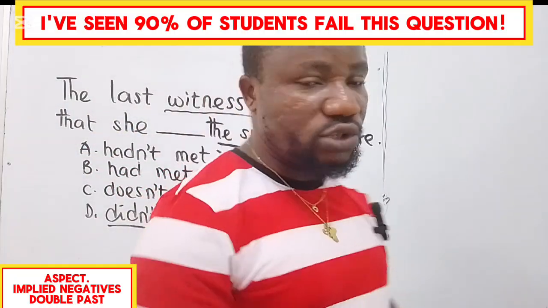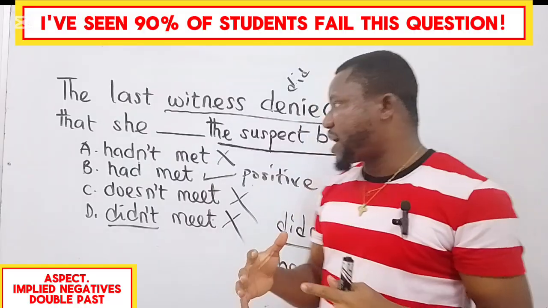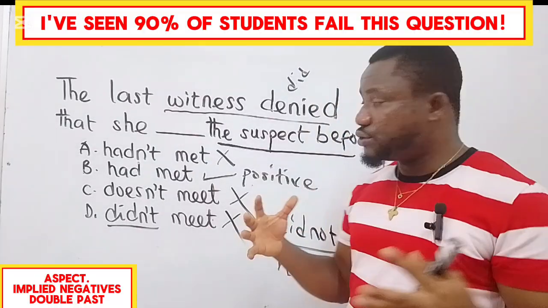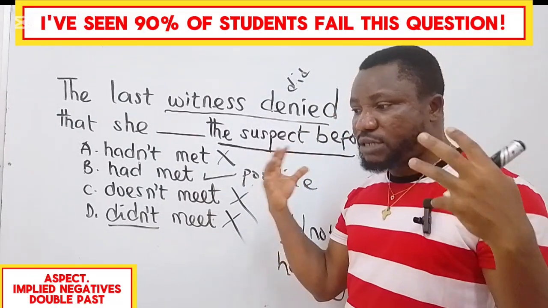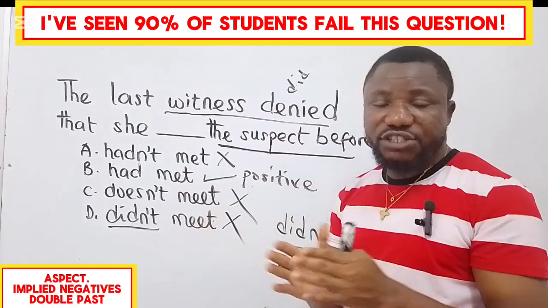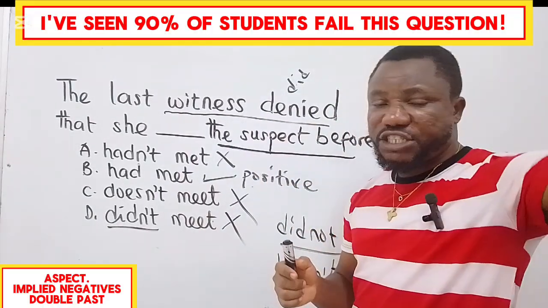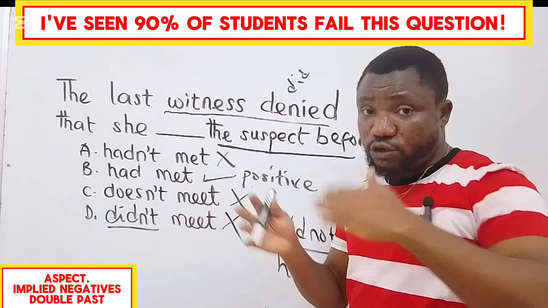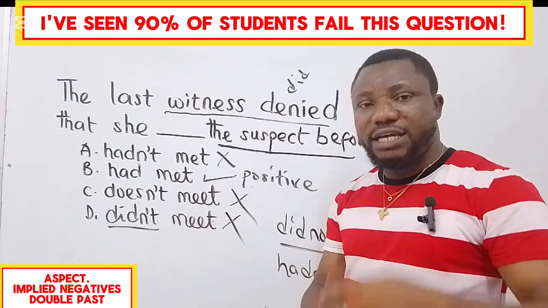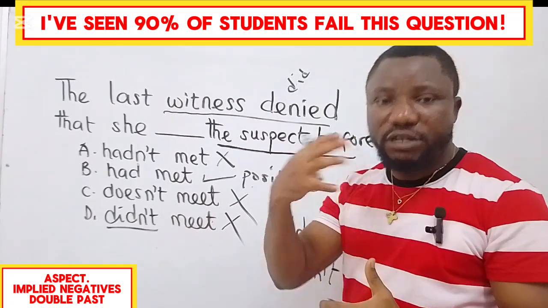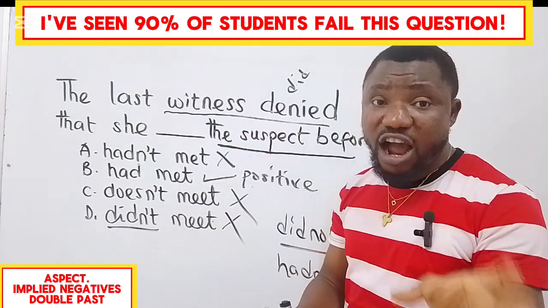I've said a lot in this video already, and I just hope that you were able to grasp all of the things that I've said. The two actions started and completed in the past. The first action that started and ended before the other should take the PPT, the past perfect tense with had.